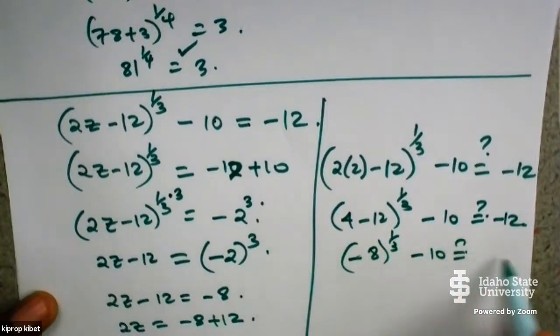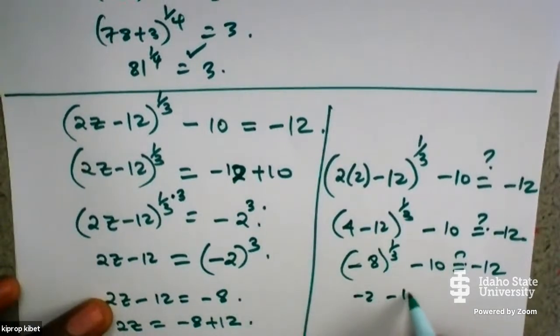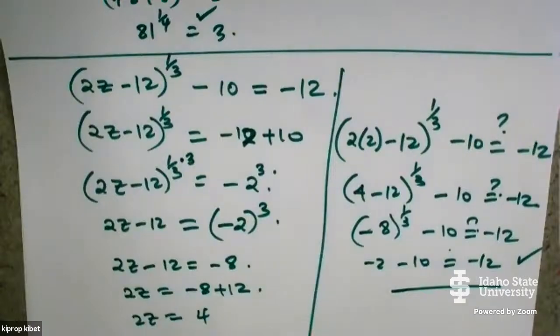Is it equal to minus 12? Here we have 4 minus 12 raised to 1 over 3 minus 10. Is it equal to minus 12? So 4 minus 12 is negative 8, raised to 1 over 3, minus 10. The cube root of negative 8 is negative 2. So negative 2 minus 10 equals negative 12. And that is correct.